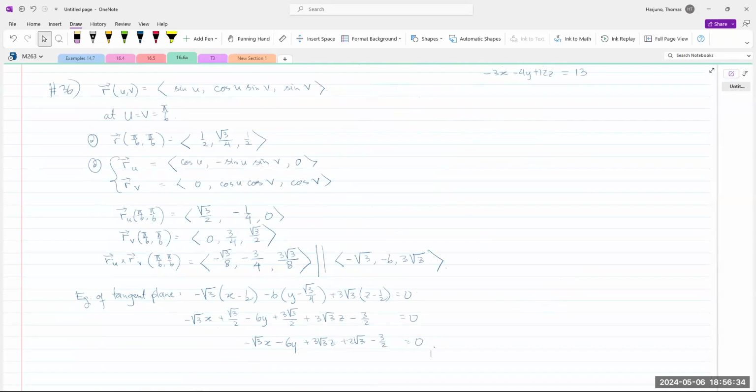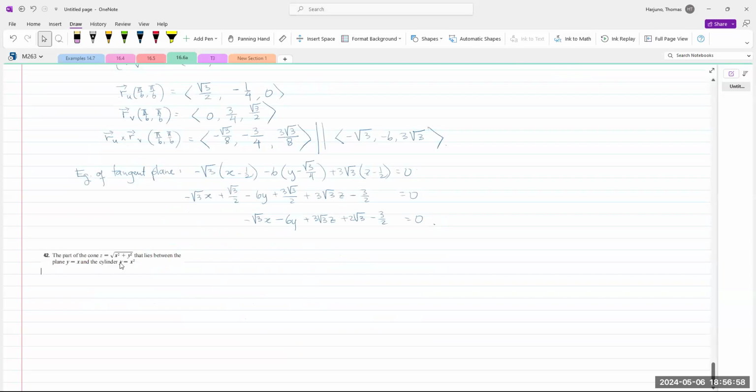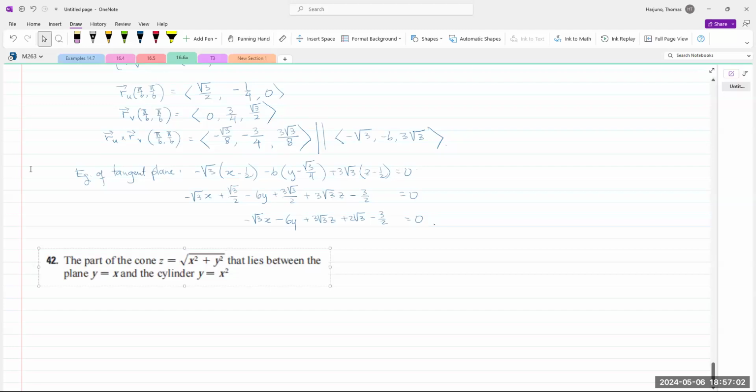Let's see more. Is there anything else we can do? I think it's about the surface area, huh? Okay, I will do one question for the surface area, and then the rest you look at the supplemental video. Okay, let's say we want to do this part of the cone between y equals x and y equals x squared.